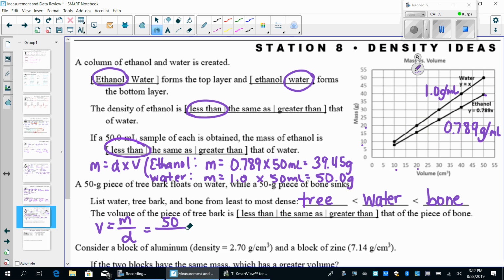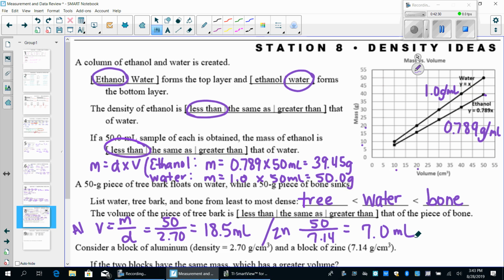So for aluminum, 50 divided by 2.7, which is its density, is going to give you a volume of 18.5 milliliters. So this one's for aluminum. And for zinc, you're going to take the mass, again the same mass, because we're comparing, divided by the density, and that's going to give you 7.0 milliliters.